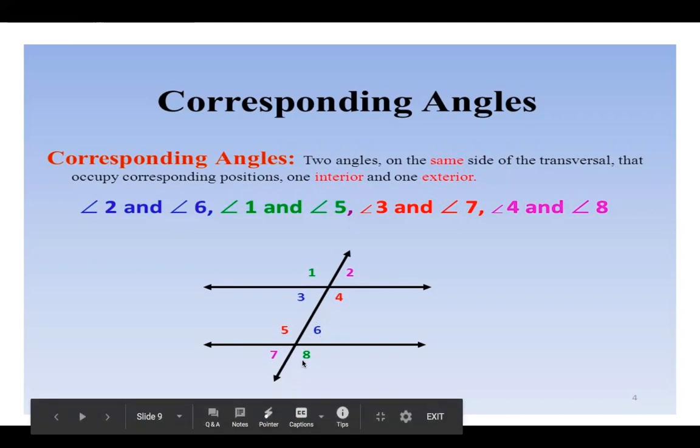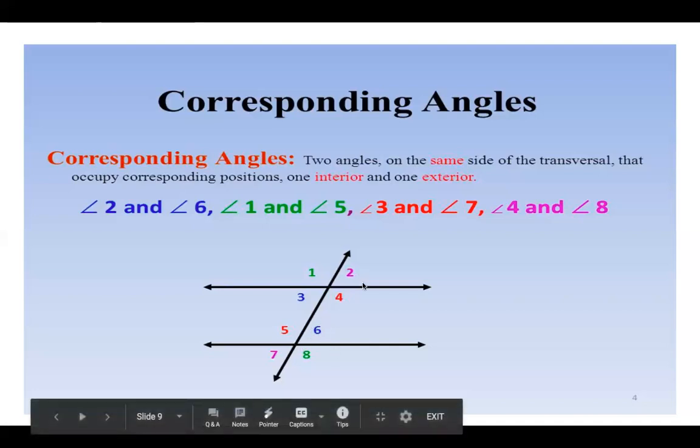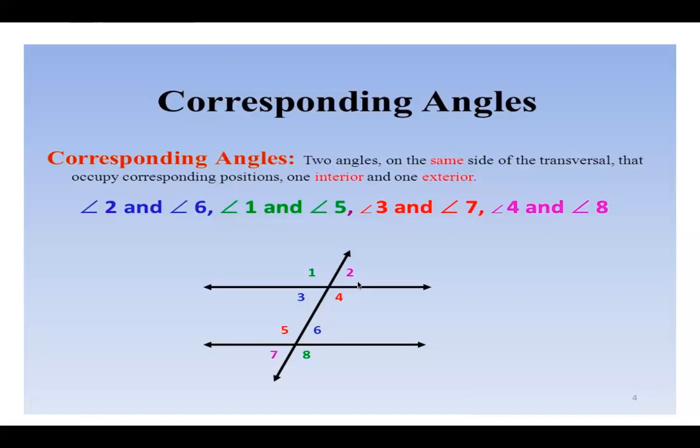This one or this one? It's on top of that line. If the transversal is cutting, it's on top of this line, and also on top over here. So these two are in the corresponding position, on the same side of the transversal, one interior and one exterior. Then those two are congruent, okay?